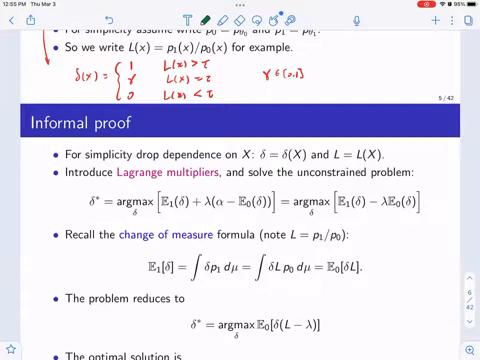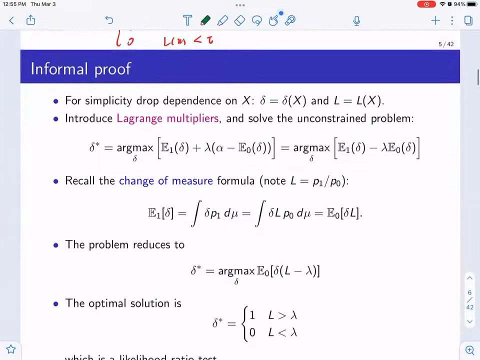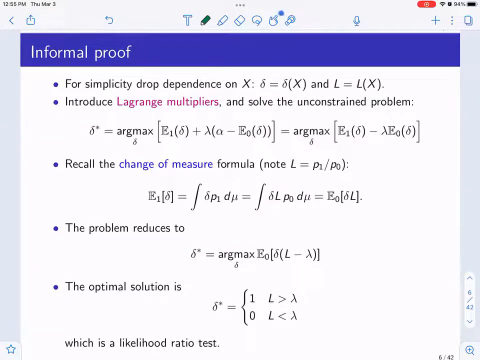Then you maximize this over delta without any constraint on delta. The idea is that there is some lambda for which the solution of this problem is the same as the solution of the constrained problem. This is the hand-wavy part; you have to formalize that this is the case. But if you agree with this, you can at least get insights about what happens.